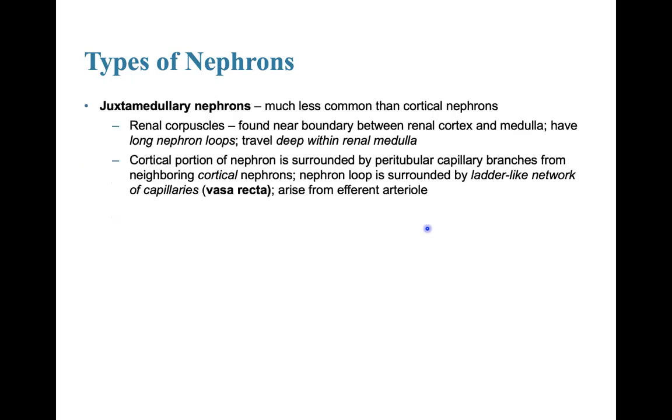The juxtamedullary nephrons are much less common than the cortical nephrons. The cortical portion of the nephron is surrounded by peritubular capillary branches from the neighboring cortical nephrons. The nephron loop is surrounded by a ladder-like network of capillaries referred to as the vasa recta, and these arise from the efferent arteriole.